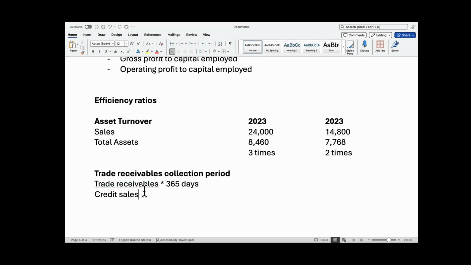I've seen students make the mistake of doing a reciprocal for this formula, credit sales over trade receivables. That will be wrong. It's trade receivables over credit sales. This ratio simply measures the number of days it takes to collect our money from our customers.